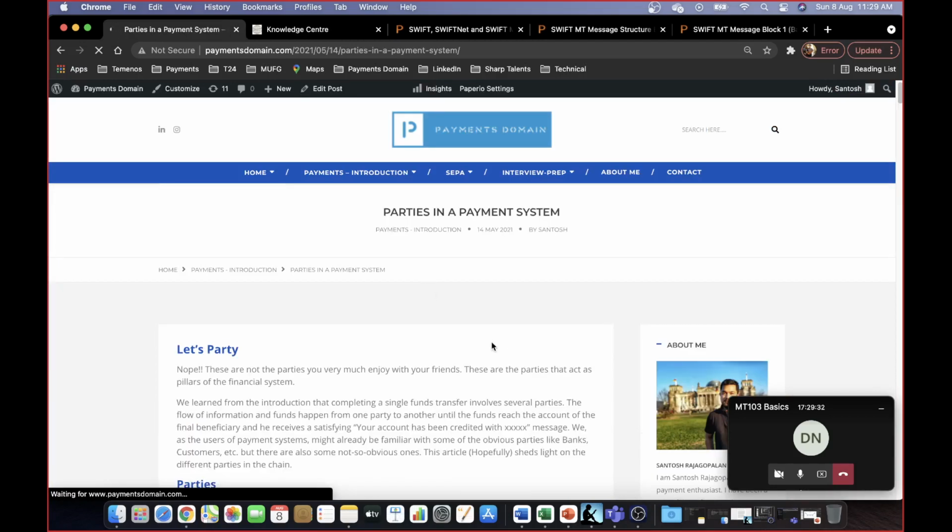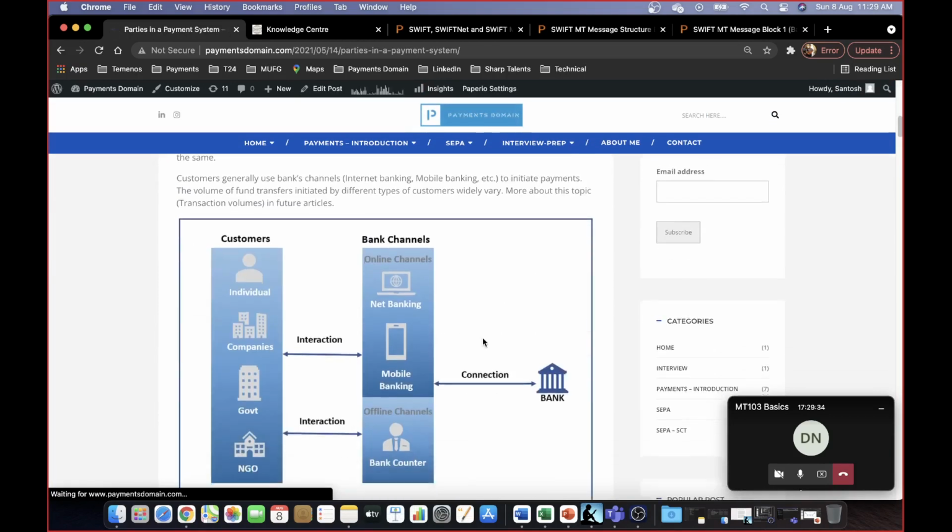So these customers may be individuals, companies, governments, or NGOs, or any organizations or associations. So these parties must be involved in this MT103. If there are two banks that want to send funds to each other, they cannot use MT103. So that's my whole point.